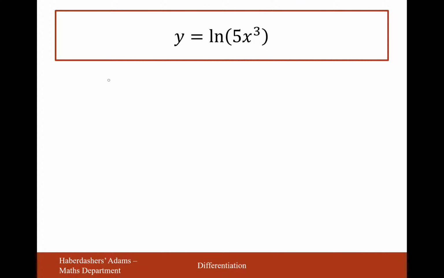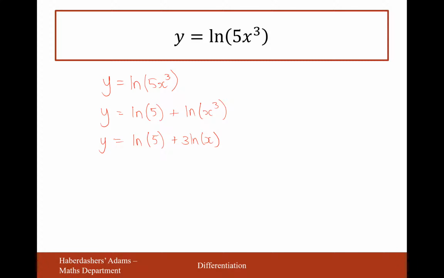Next one, we can do something very similar here, splitting it up using the laws of logs. If we take 5x cubed, then well, let's split up the 5 and the x cubed first. That would be ln 5 plus ln x cubed. But remember, if it's a power inside the bracket, it's a scale factor outside the bracket. Okay, now let's differentiate.